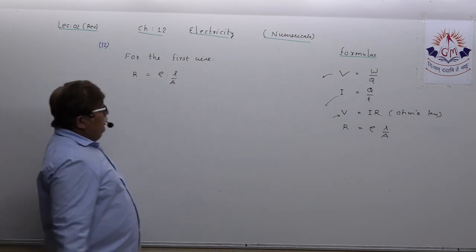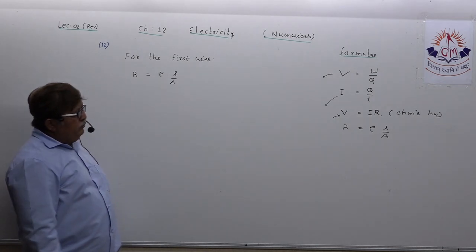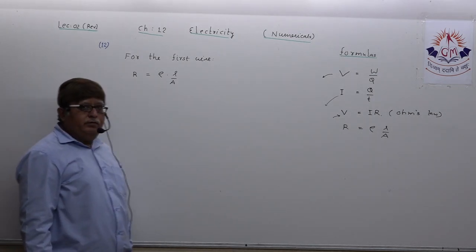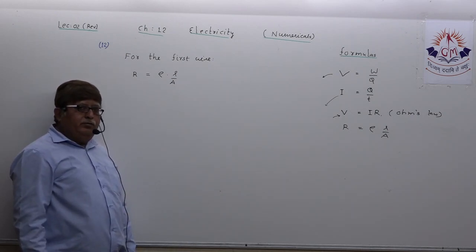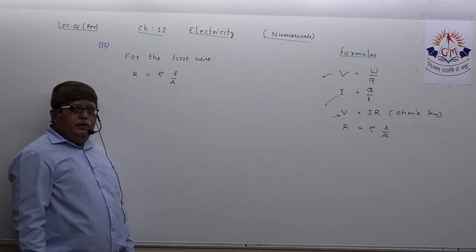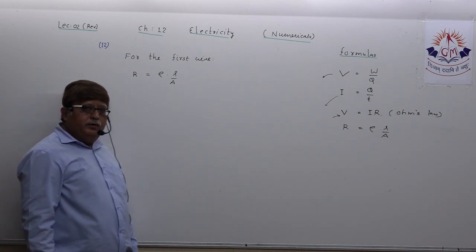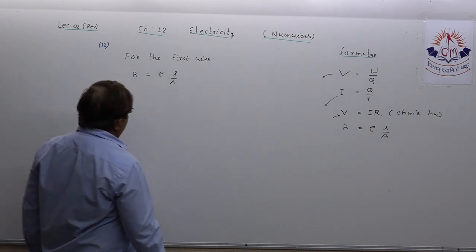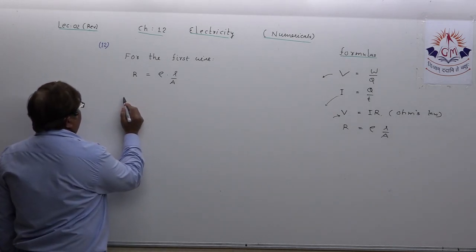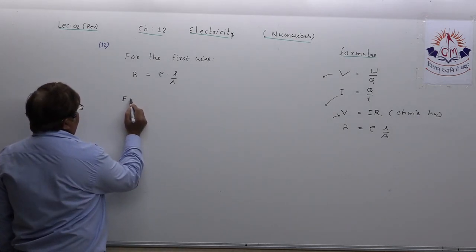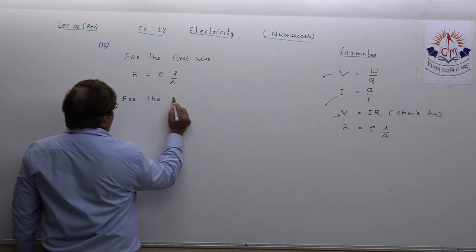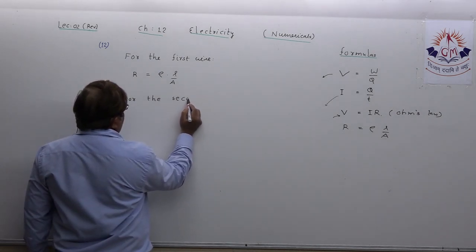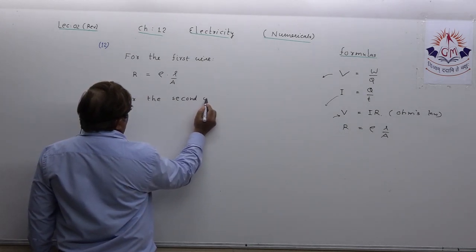Here, rho is the symbol standing for the resistivity, as you know, L for the length of the wire, A stands for the area of the cross section. Now, see the method you need to adopt for the second wire.